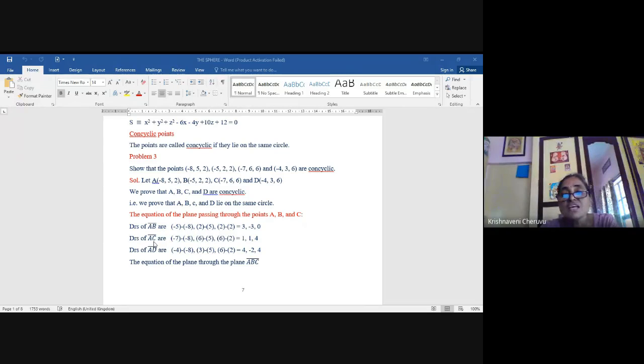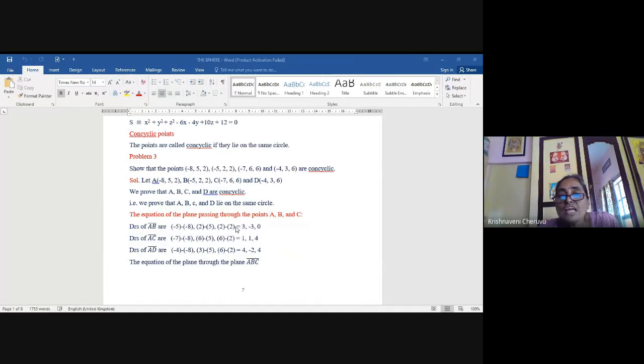DRs of AC means difference of x coordinates of the points A and C, difference of y coordinates, difference of z coordinates. DRs of AD means difference of x coordinates of points A and D, difference of y coordinates of points A and D, and difference of the z coordinates of points A and D.